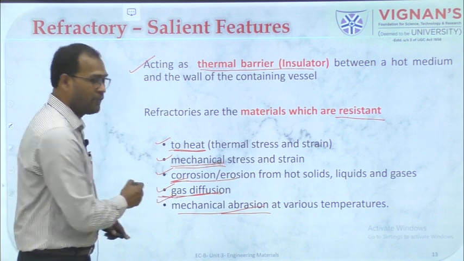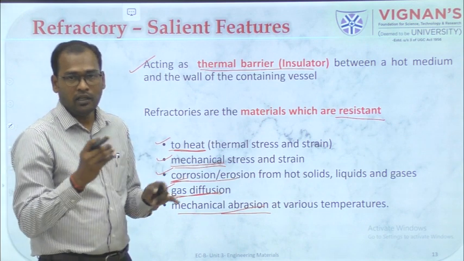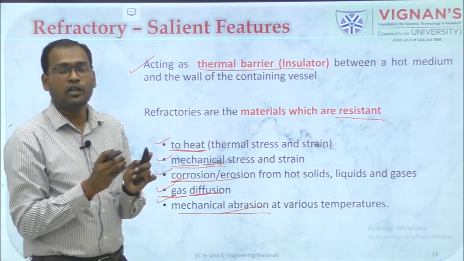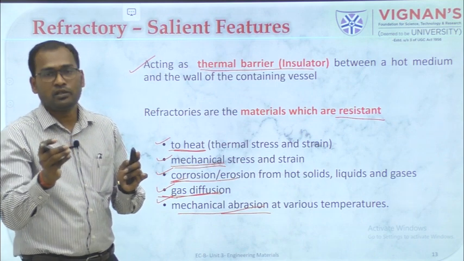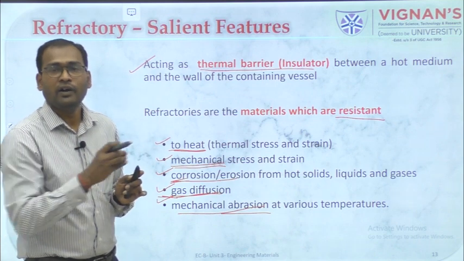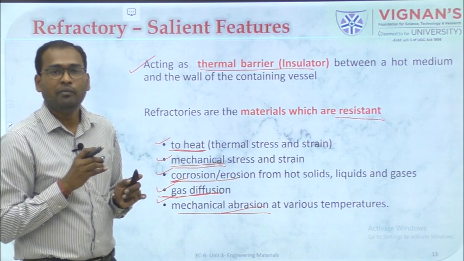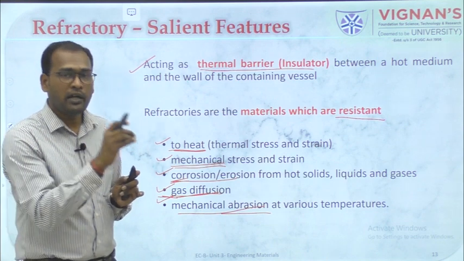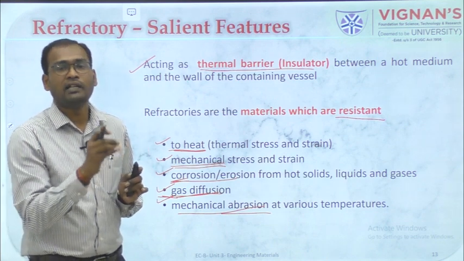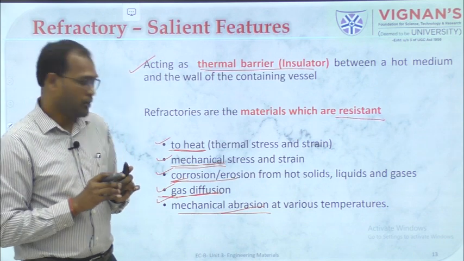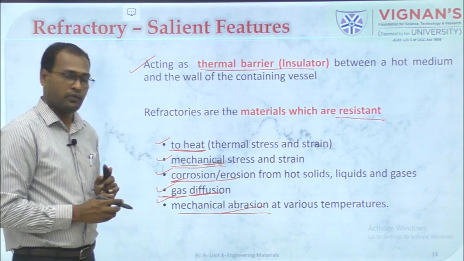And diffusion of gas: since the refractory material is going to have different porosity, the diffusion of gas or liquid will be very, very less, and depending on the application, different types of materials are used for this gas diffusion.